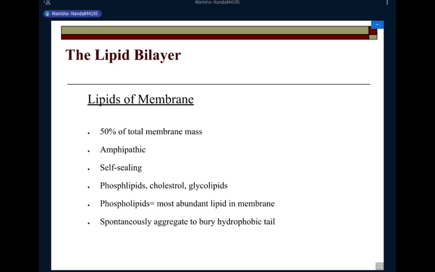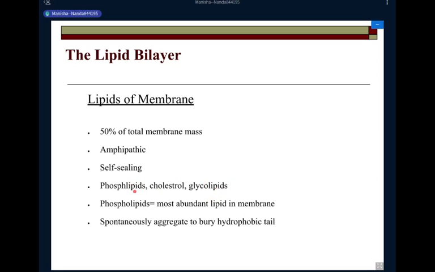Okay, so we were talking of membrane lipids. I told you these are amphipathic in nature, self-sealing, and these lipids are phospholipids, cholesterol, as well as glycolipids.